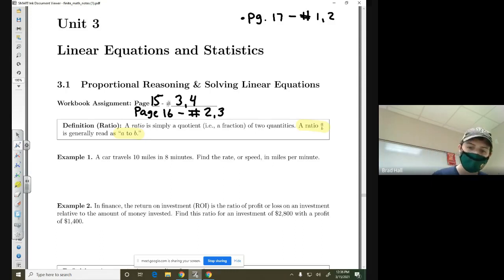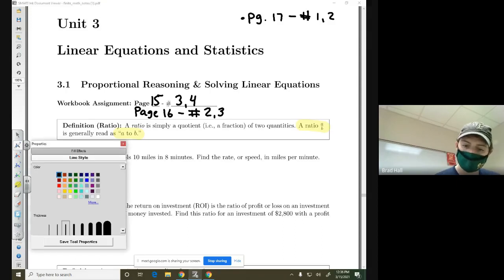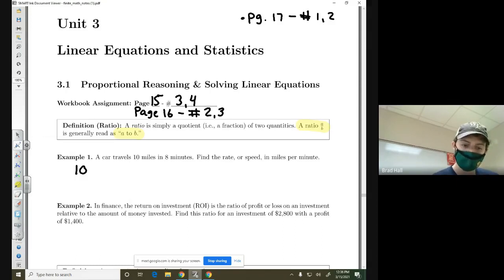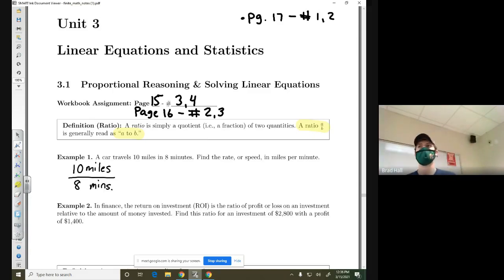The ratio would just be the fraction that compares these two quantities. So we have 10 miles over 8 minutes. That would be a ratio, as simple as that.